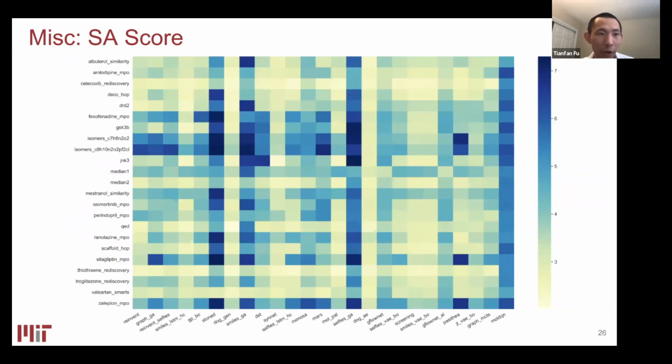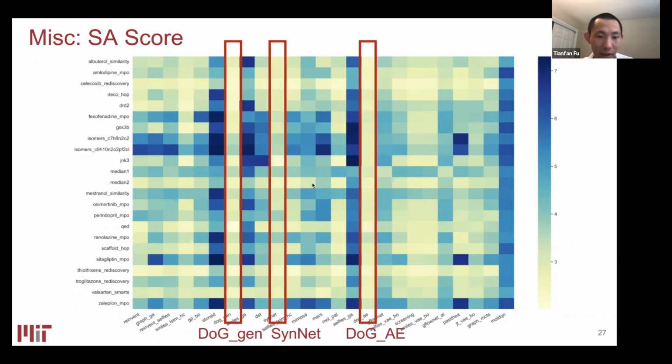We also report the SA scores for all the tasks and all the methods. We find some methods have significantly low SA scores, which indicates the generated molecules of this method are easy to synthesize.